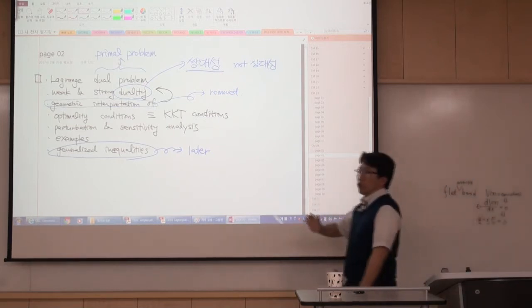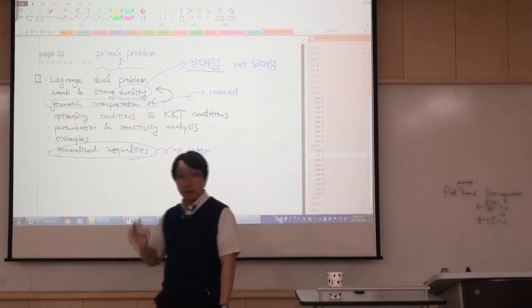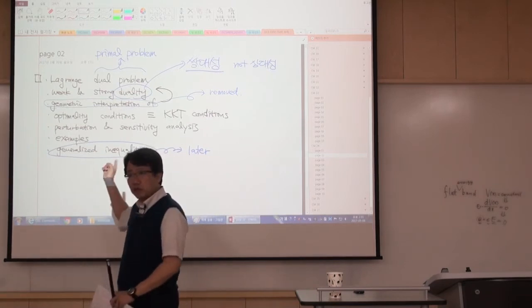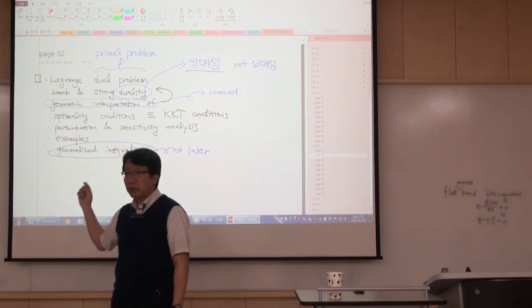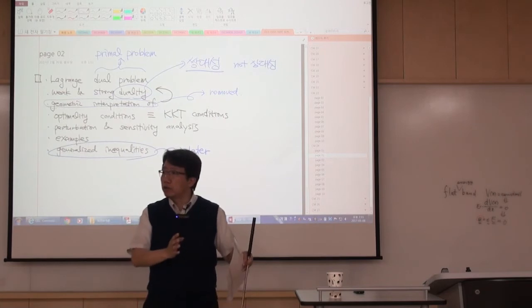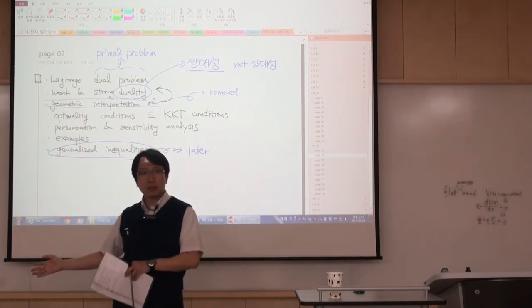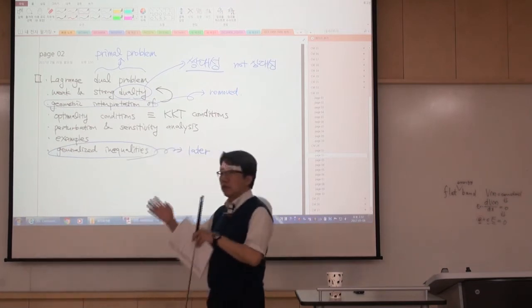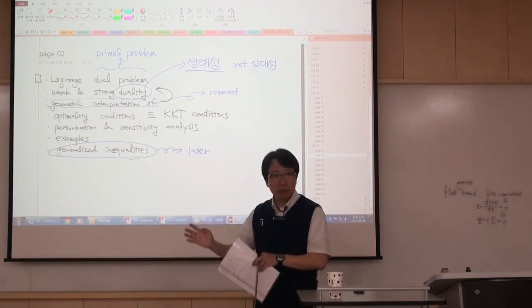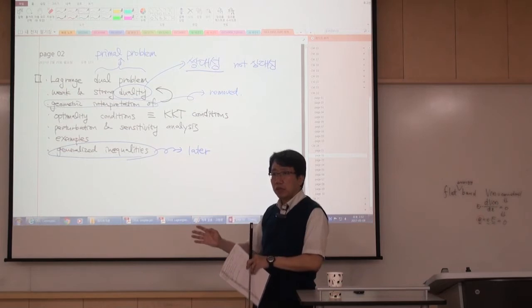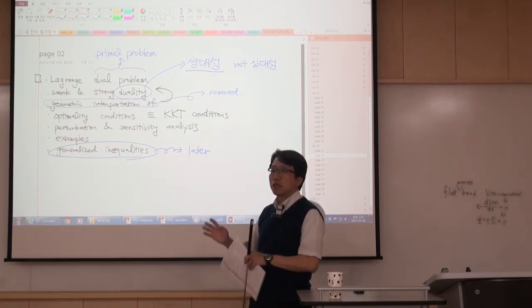So suppose we are given an optimization problem, especially a constrained optimization problem, then we somehow find a so-called dual problem. And interestingly, this dual problem is also an optimization problem, and has some property like this.